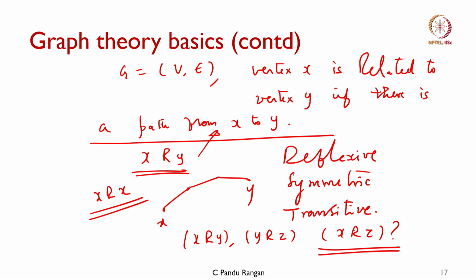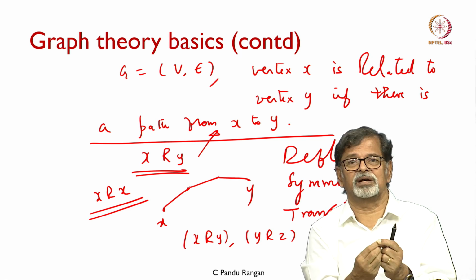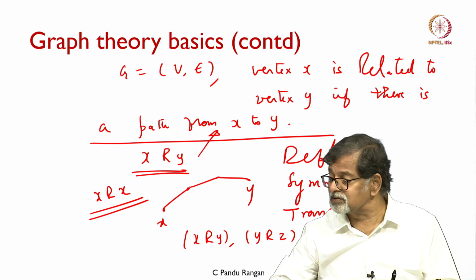Of course you can. Simply concatenate these two, you will get a walk, remove all the cycles, you will get a path. We are not worried about weights and other things here. It is simple reachability. If you can reach y from x and z from y, obviously you can reach z from x. Because of this way of defining it, the relation among the set of vertices is an equivalence relation.